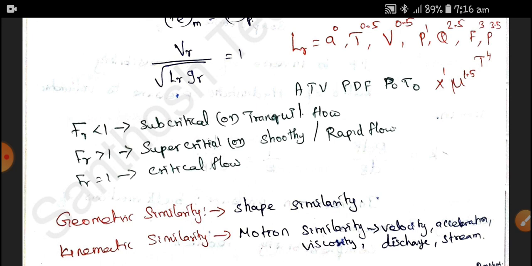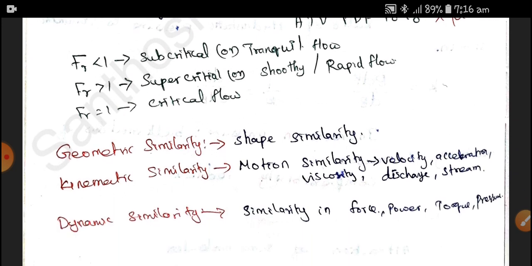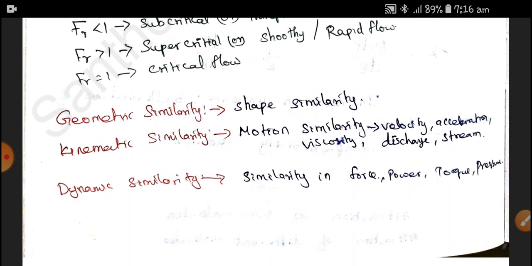After we know these two model laws, we have to keep the similarities between the model as well as the prototype. Here the three similarities are very important. One is geometric similarity, which is defined as the similarity between the model and prototype in terms of length, breadth, and height.